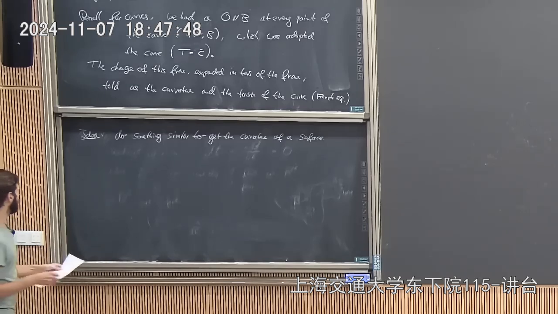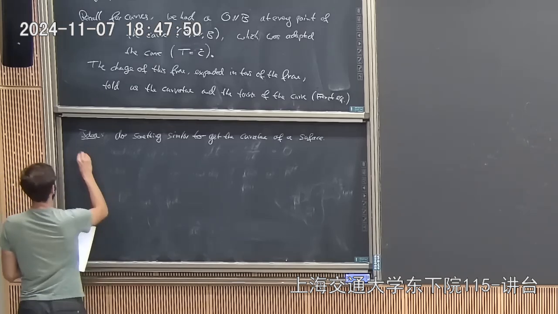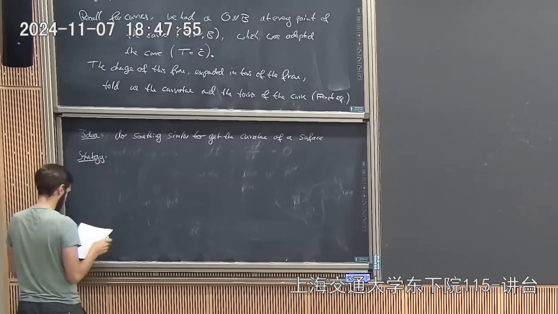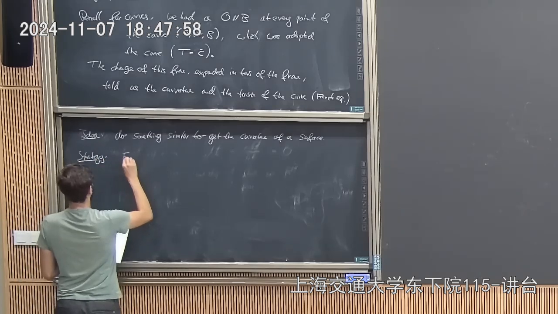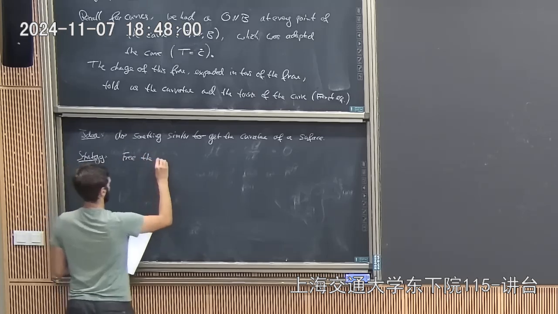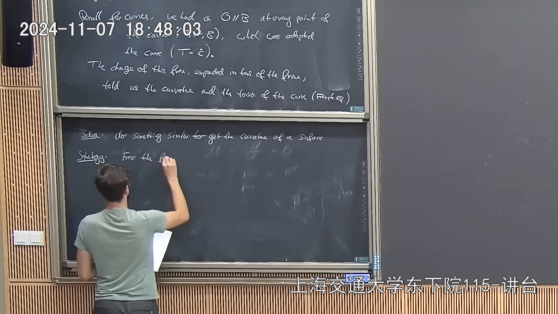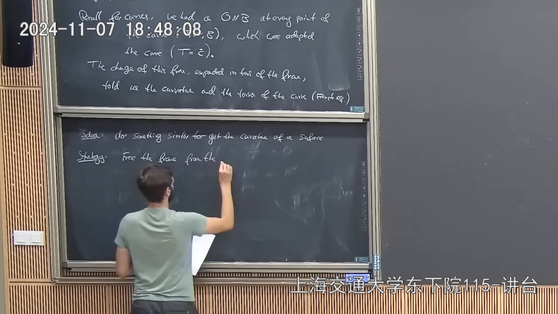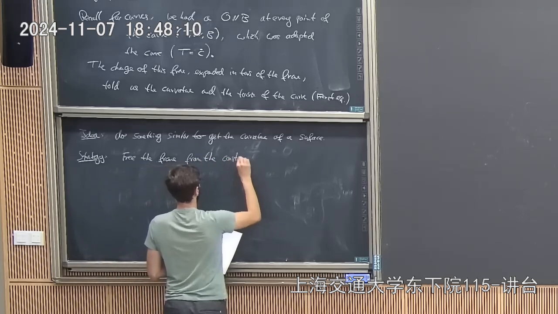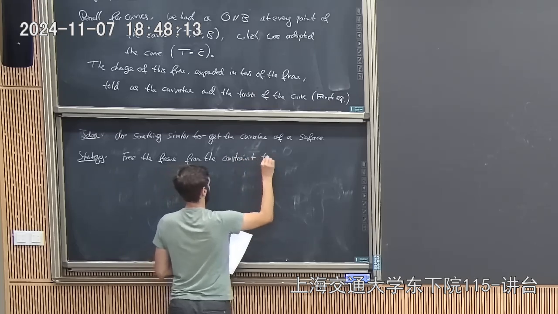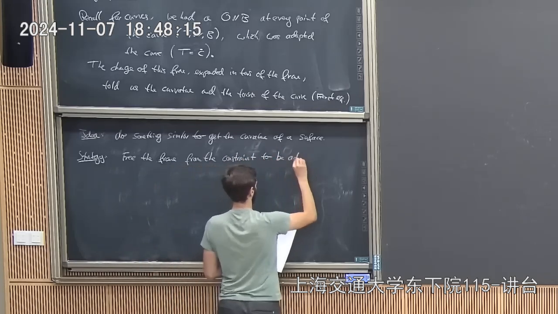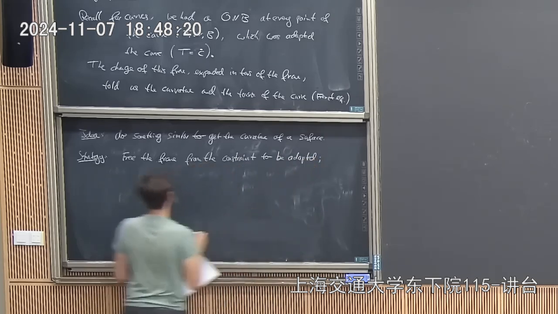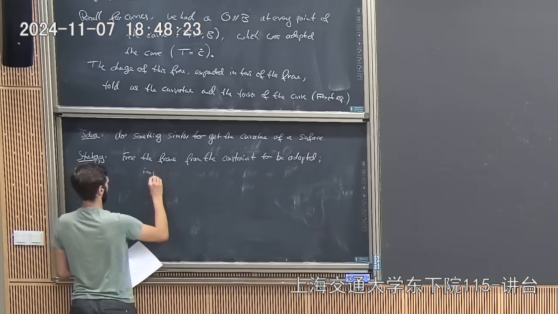So that's the strategy: first the frame, separate from the constraint to be adapted. And then in the second step, we implement that constraint.